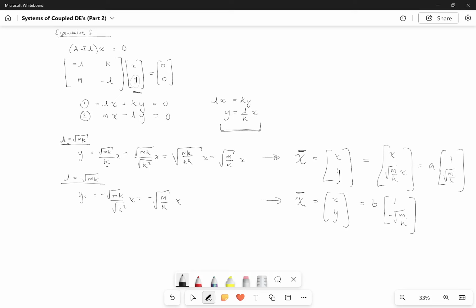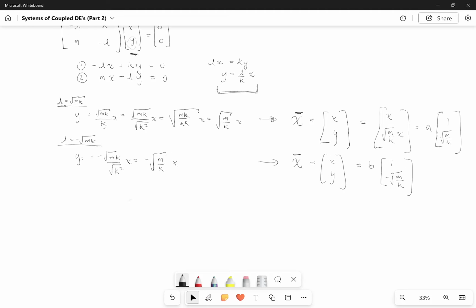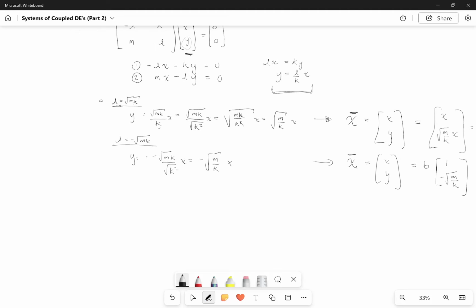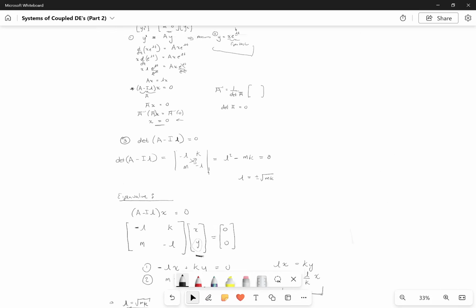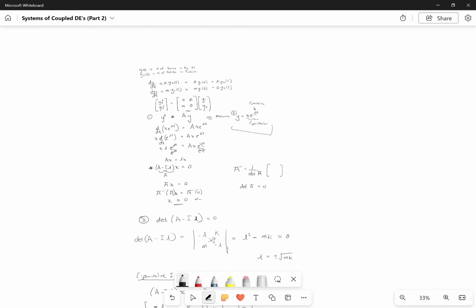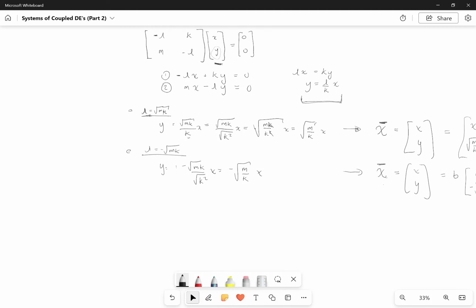Okay, so what does this mean? If we go back, we have eigenvalues here, and now we have corresponding eigenvectors. This is just the x that's part of the eigenvector.